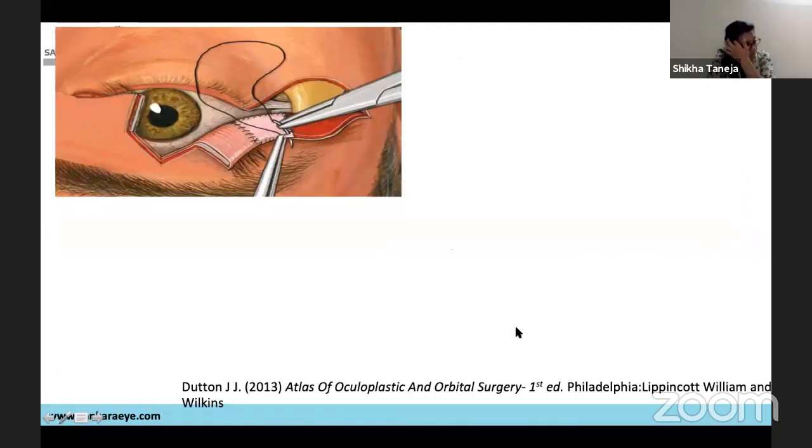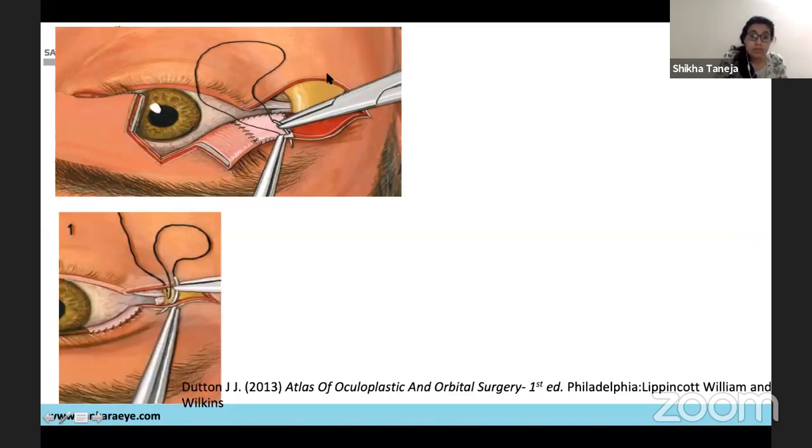In this particular situation, it's written in the book that sometimes a large conjunctival defect is formed. In order to treat that, we can take a mucous membrane graft and suture it over there to replace the conjunctival defect.